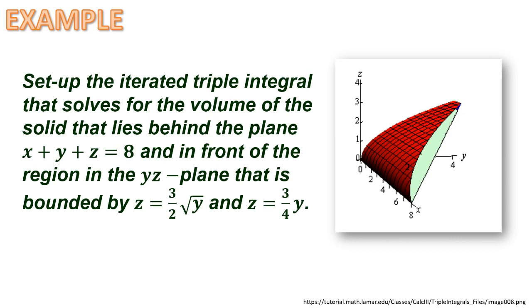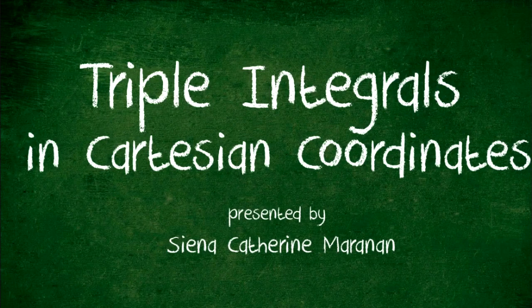So the solid is already given, but you may also try to sketch your own graph for this solid and set up the iterated triple integral to solve for the volume. You may consult your answer with us.